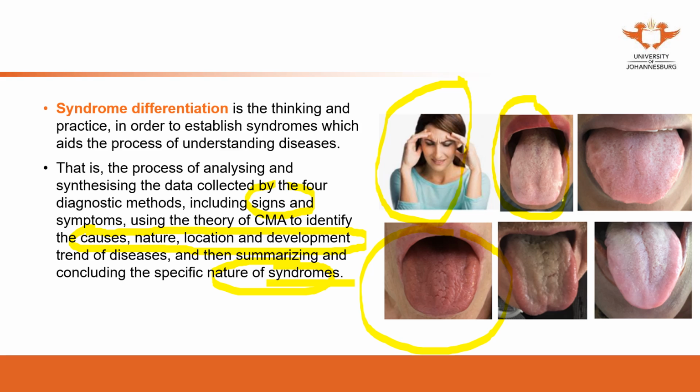From this point of view, you will see that the patient suffers from headache. However, if different patients present with different tongue color, or coating of the tongue, or different pulse conditions, then we may conclude to different syndromes. That's how to differentiate the syndrome.